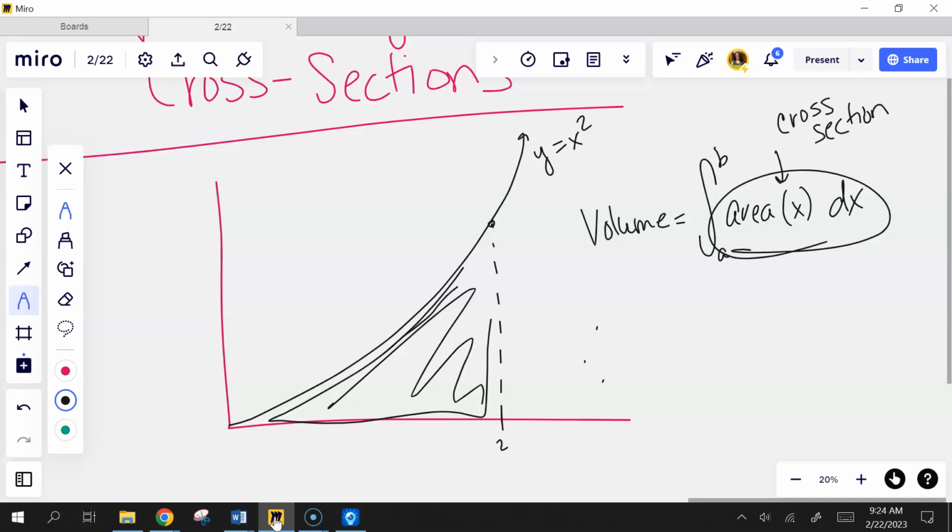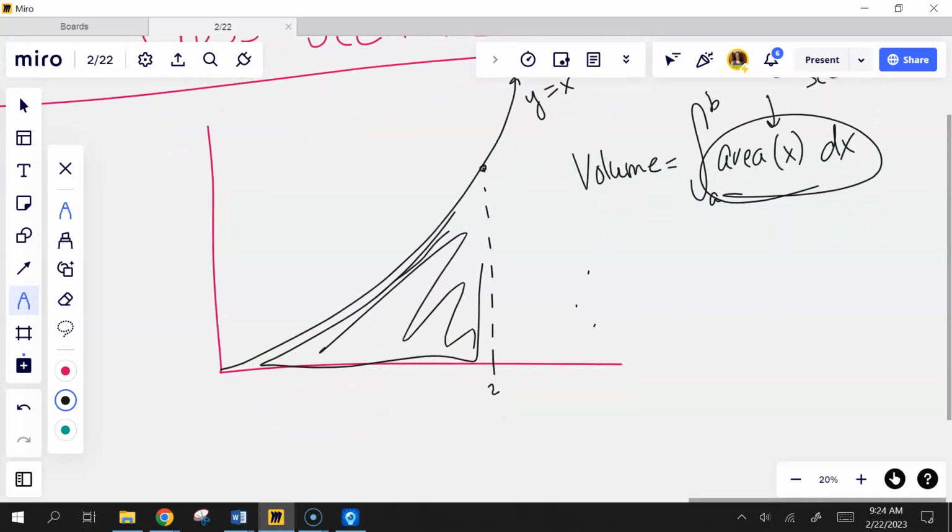Let's say I've got y equals x squared. Not even talking about volume right now, but let's say I want to pull out cross sections that are, let's just say, square cross sections. What is the area of just one square cross section?